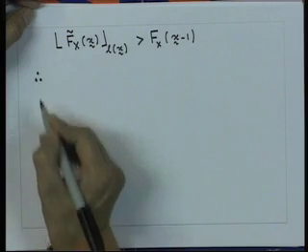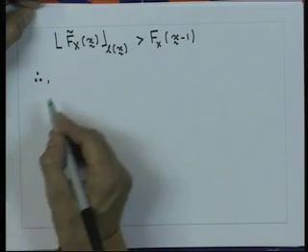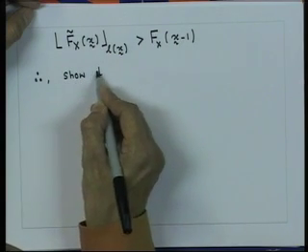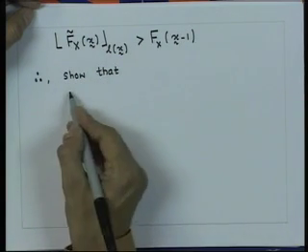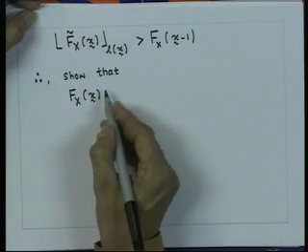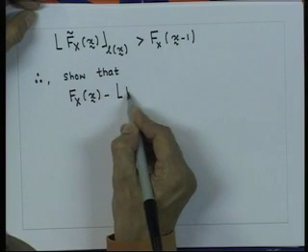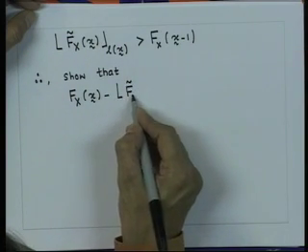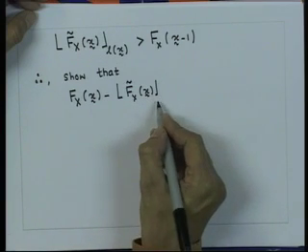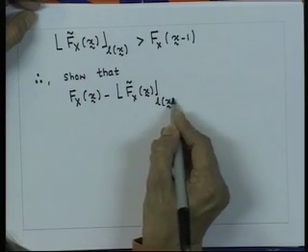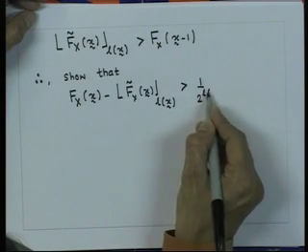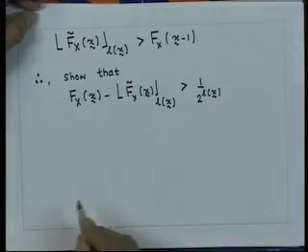Therefore, all we need to do is show that F(x) minus the truncated version of F(x) is greater than 1 by 2 to the power L(x).